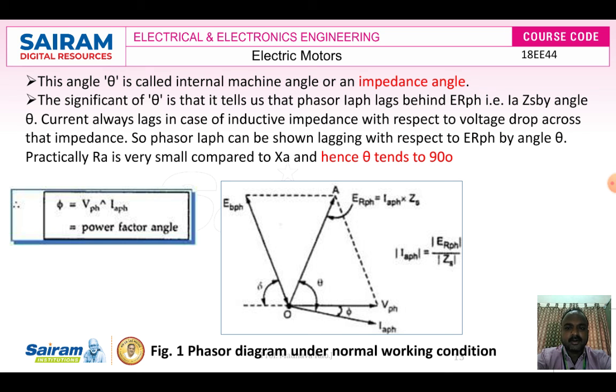So the current IAPH is equal to ERPH by ZS.